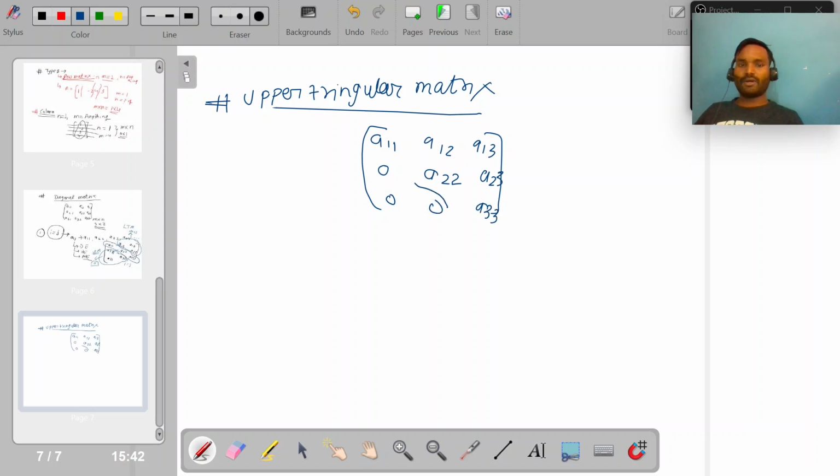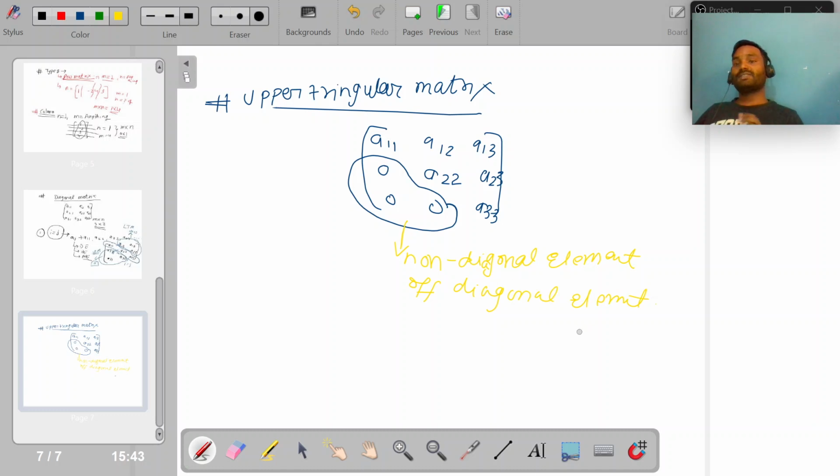These are the lower non diagonal elements, also called off diagonal elements. So this is the upper triangular matrix.